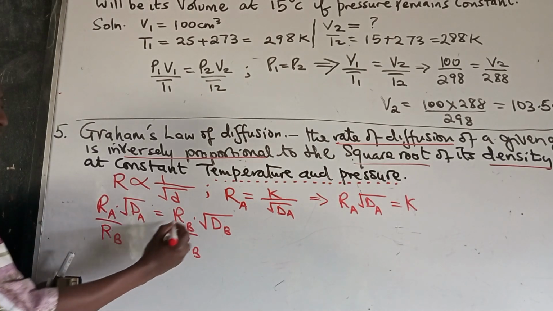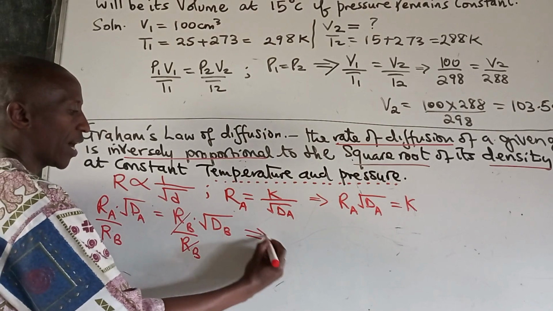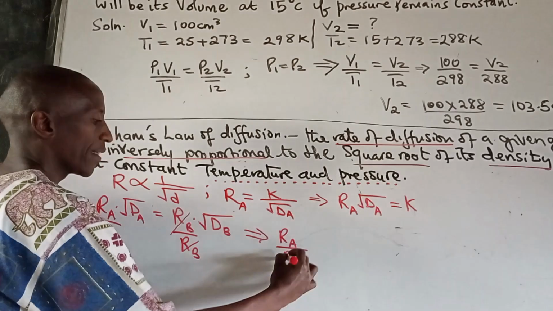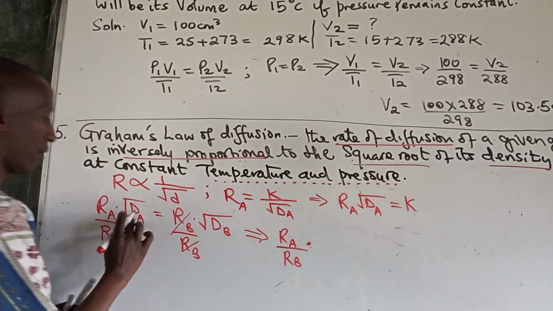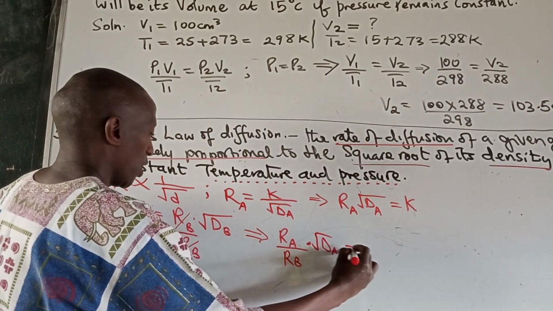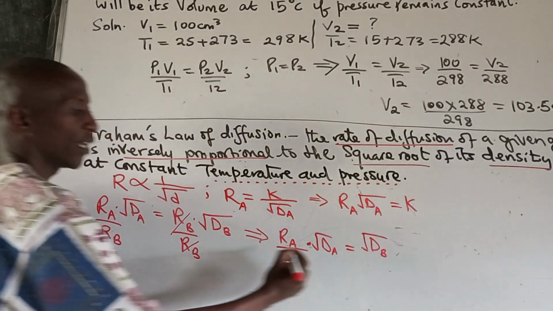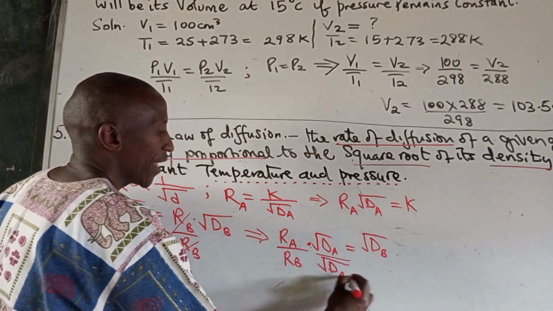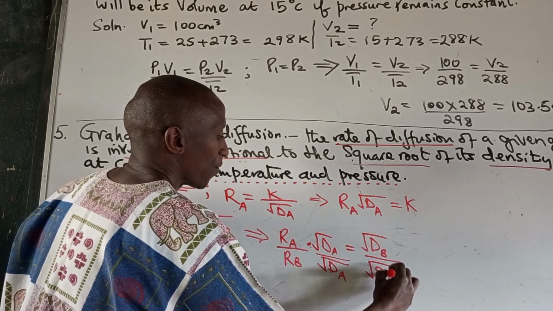What do we get? This cancels out and we arrive at the rate of A all over the rate of B is equal to the square root of the density of B. At this point, we divide by the square root of the density of A on both sides.